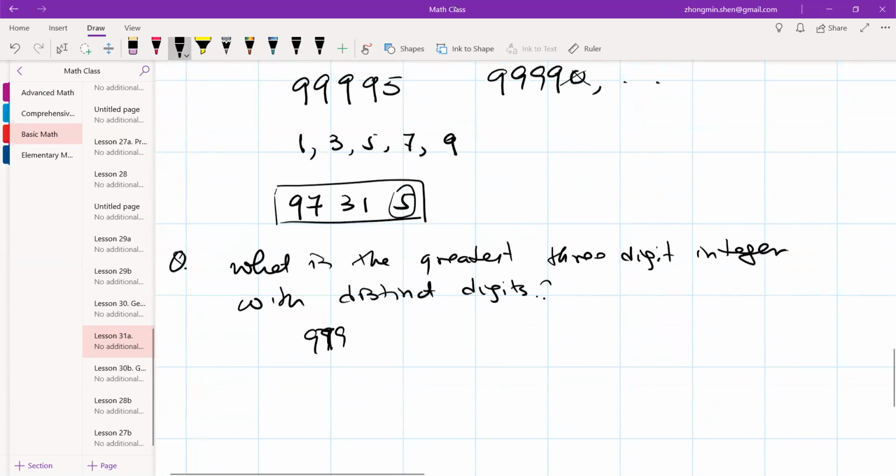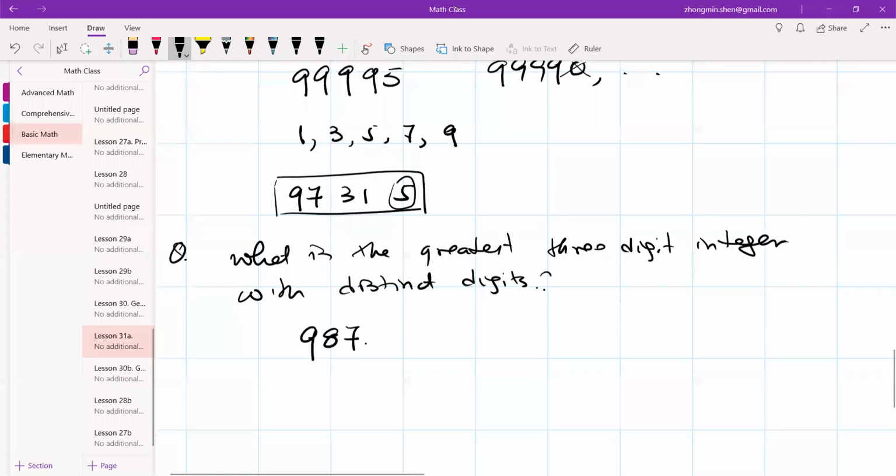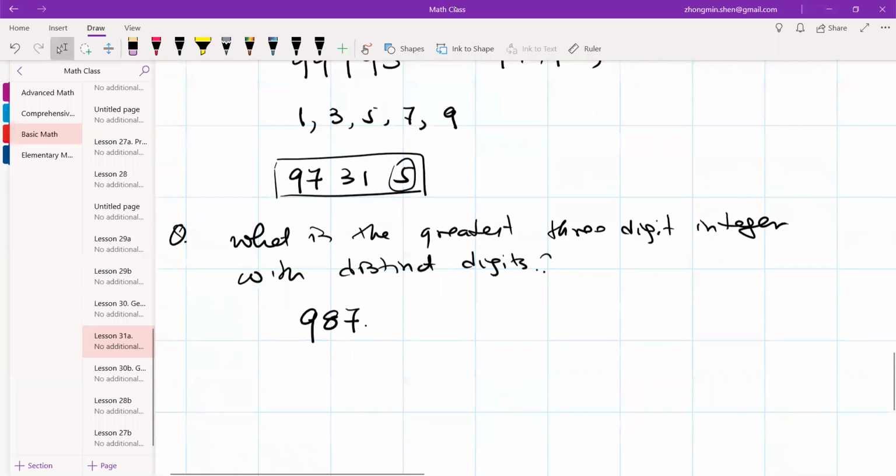If it were divisible by 3 with no other condition, it would be 980. You have to choose the largest possible digits, and they are all different: 9, 8, 7.